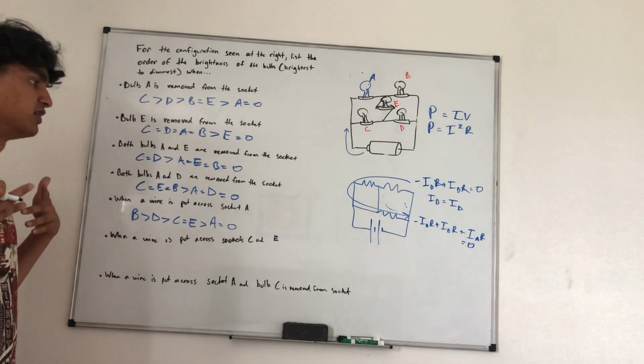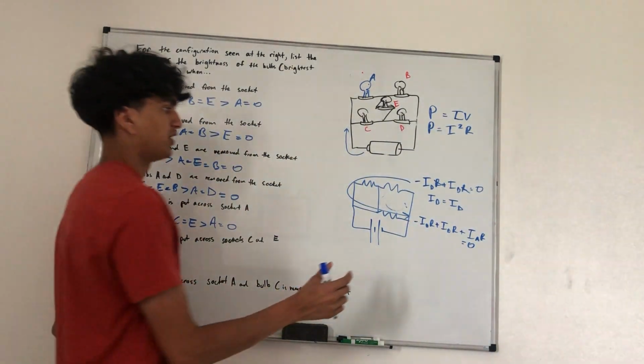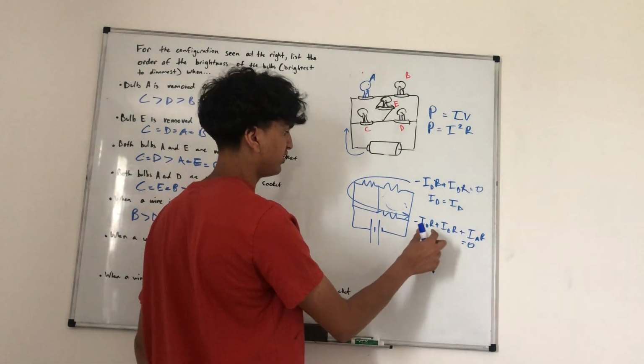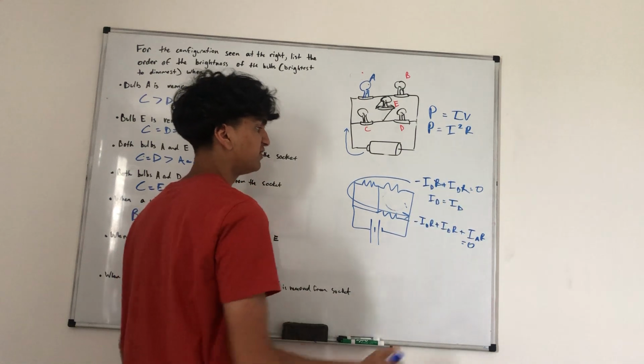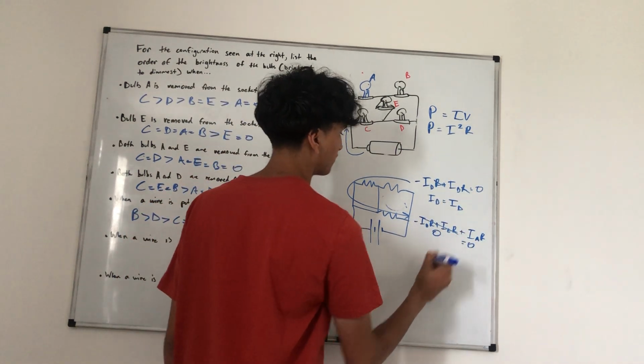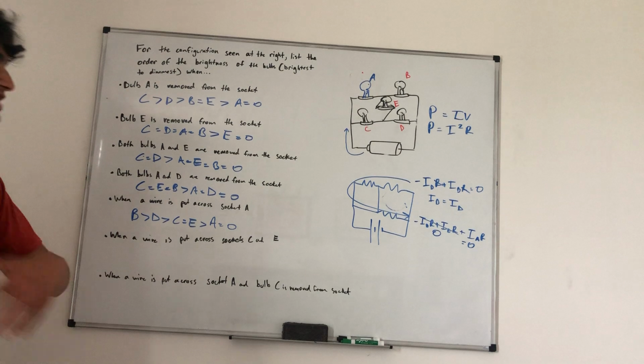But wait a second, I already know that IB and ID are equal. So if this is minus ID times R plus IB times R, this term already adds up to 0. So this just becomes 0. So you get 0 plus IA times R.